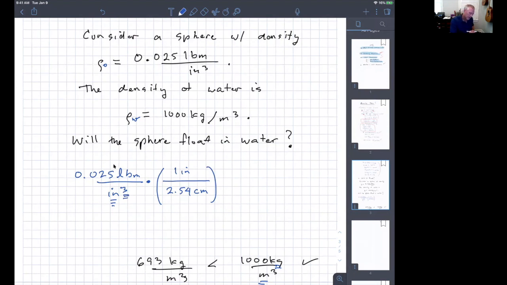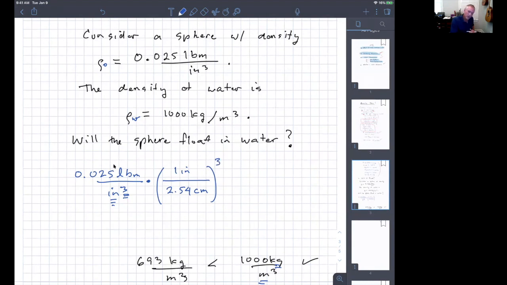All right, so I need cubic inches to cancel, and so I cube the whole factor. So that means this 2.54 gets cubed and this centimeter gets cubed. I don't write that down because in my head I just know that. You could just break that down and make another step.